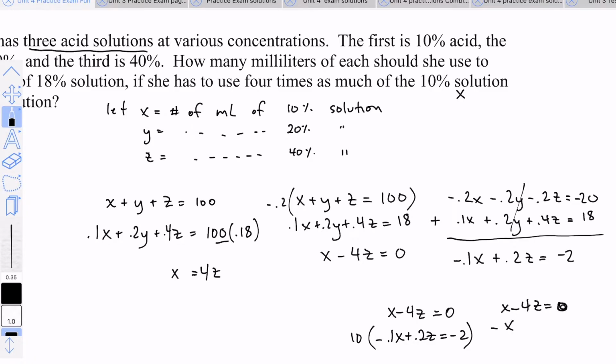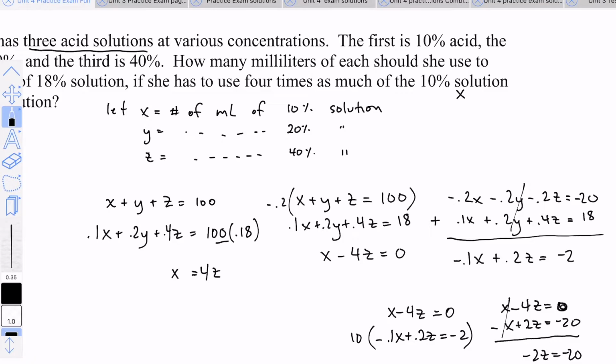So this becomes negative x plus 2z equals negative 20. That'll eliminate the x variable. So then z is equal to 10.